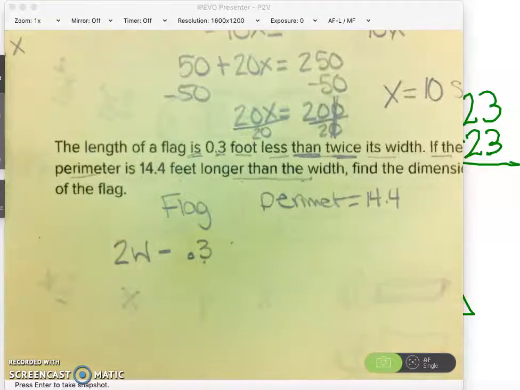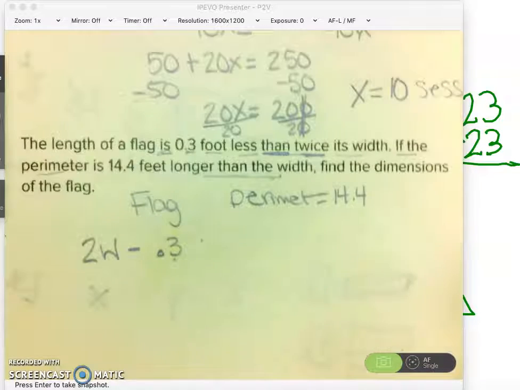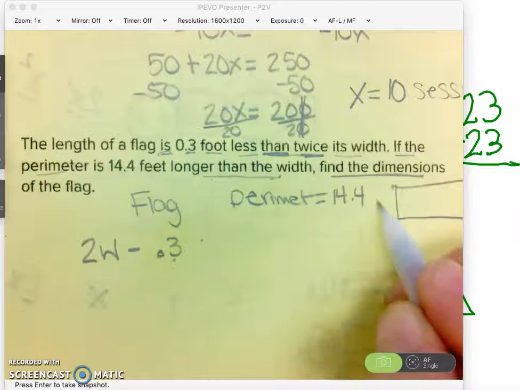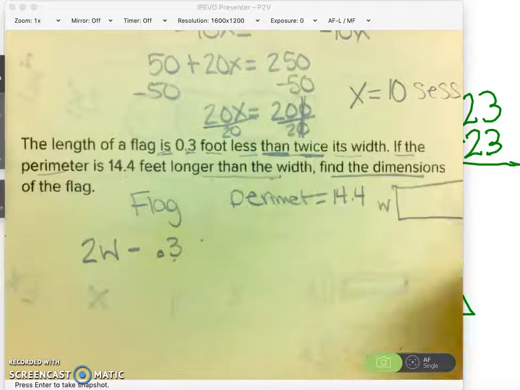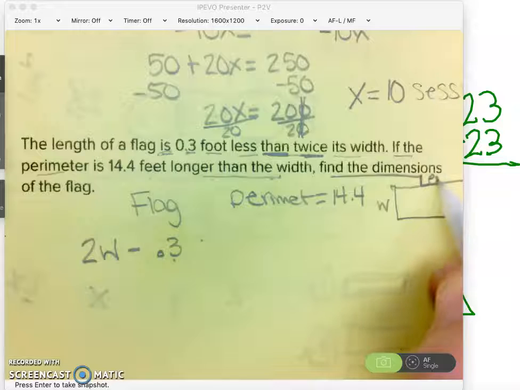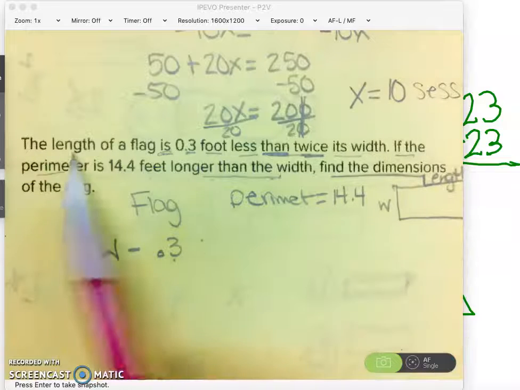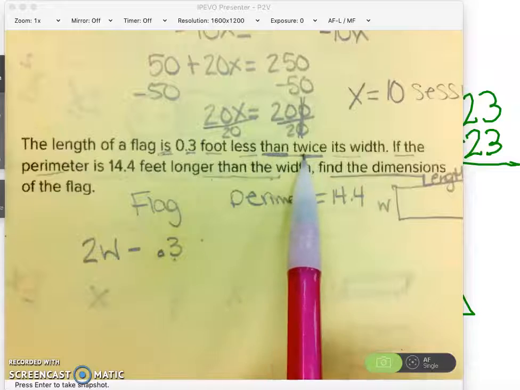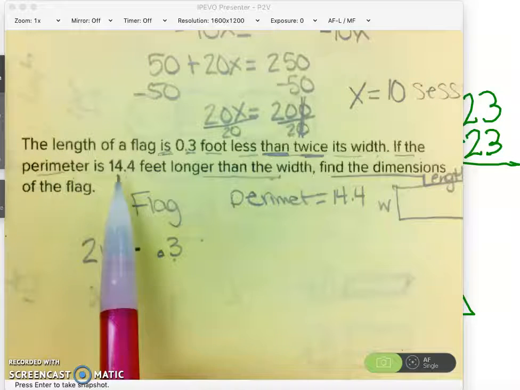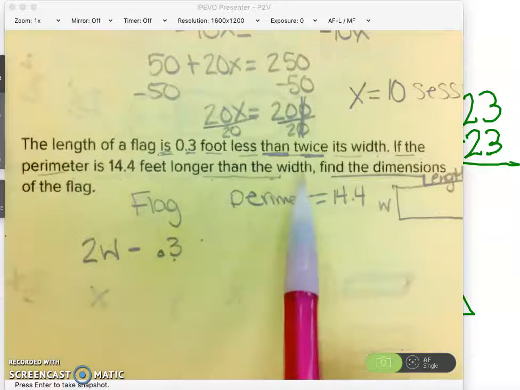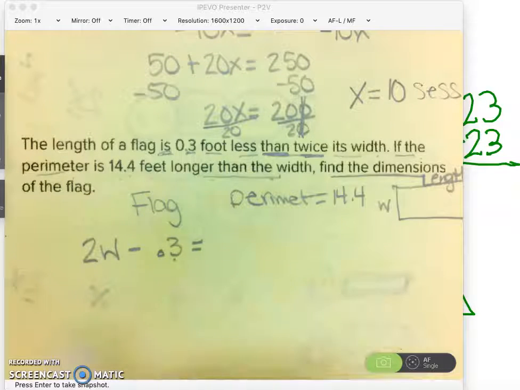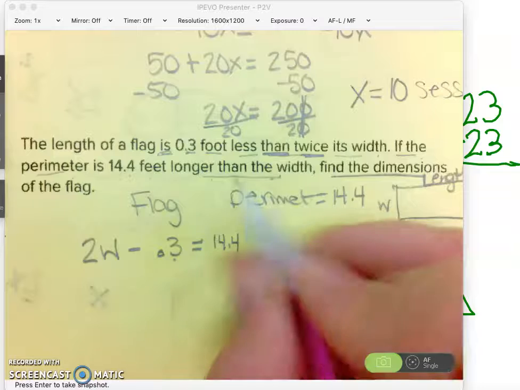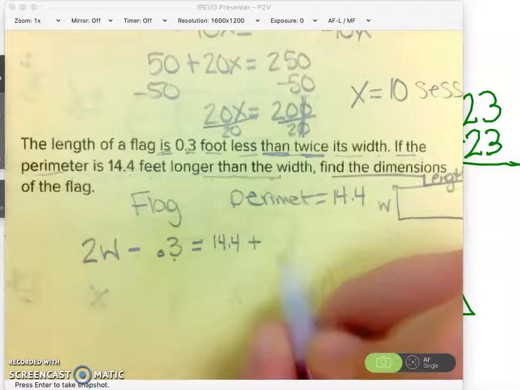So we need to find what are we looking at? We're finding the dimensions. That means the width and the length. So the length of the flag is 0.3 feet less than twice its width. And if the perimeter is 14.4 feet longer than the width, so these are going to be 14.4 longer than the width.